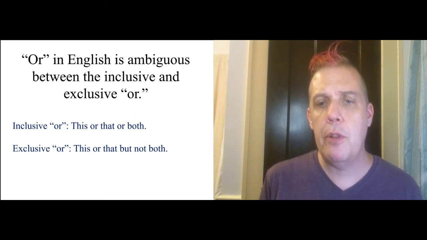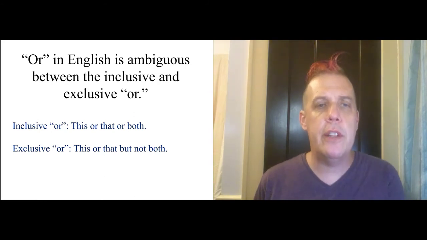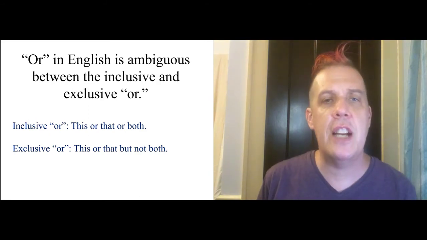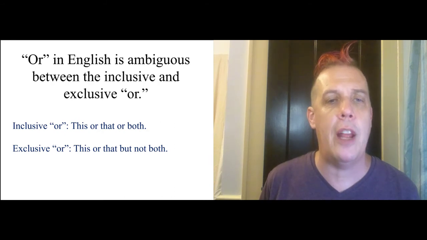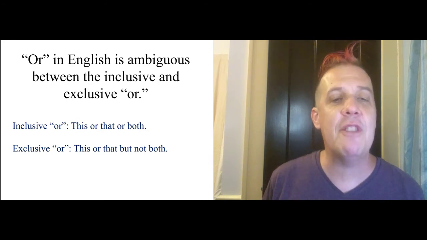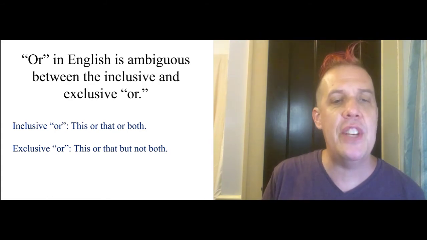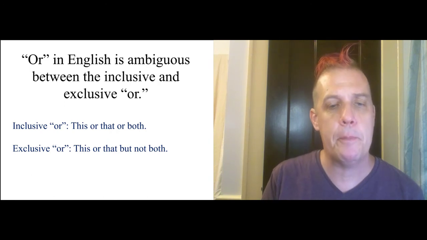Both of those interpretations are open to you if you read a sentence in English. And one of the things I said about our symbolic language is that we are trying to eliminate all ambiguity. So we're going to have to pick one. In this case, we pick the inclusive or. So our V means this or that or both.